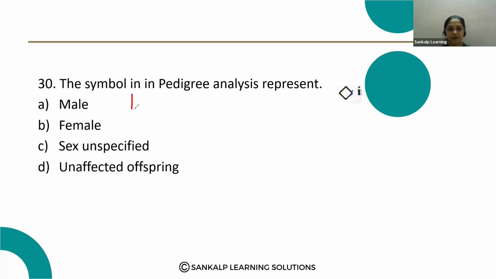Male is represented by a square, female like this, and sex unspecified like this. An affected offspring is represented in a dark color, shaded like this. But an unaffected offspring is represented unshaded. So if the offspring is unaffected, it is represented like this. Okay.